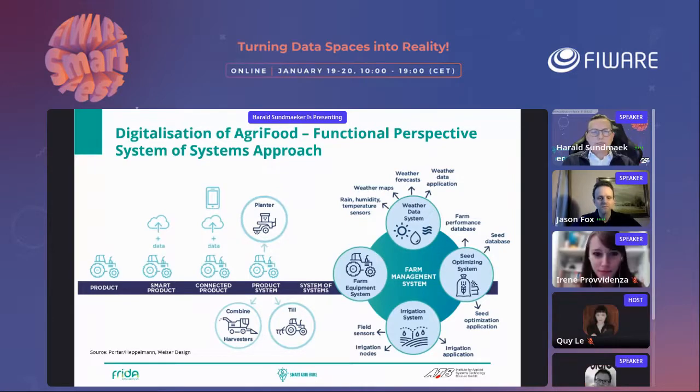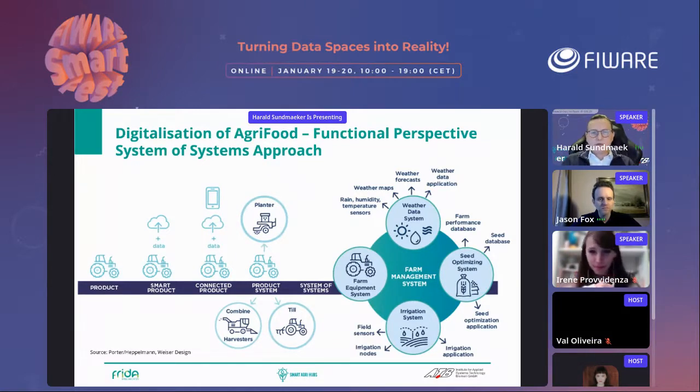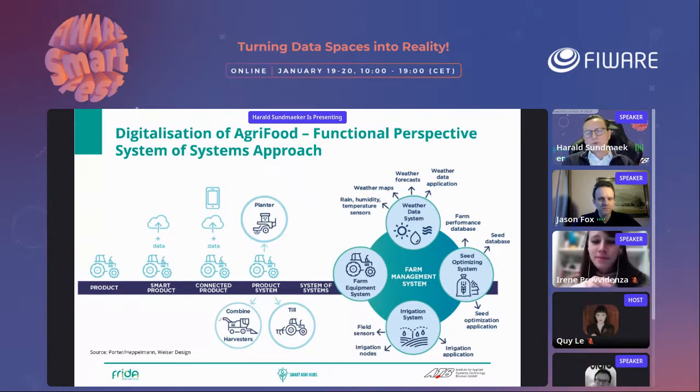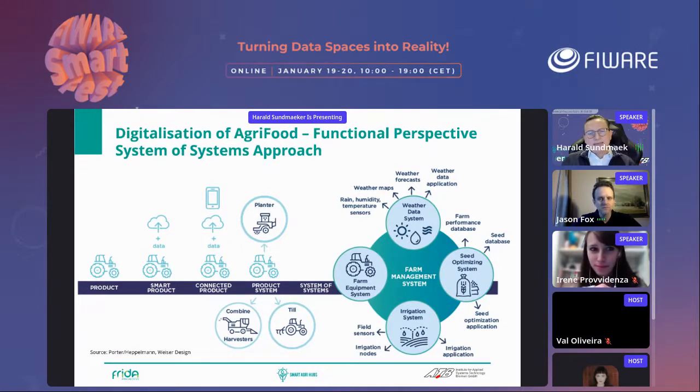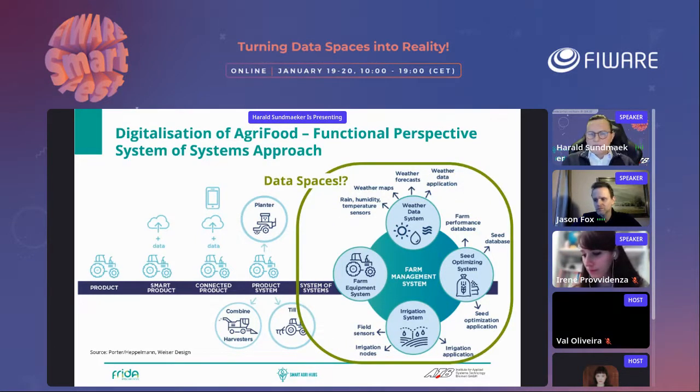Nowadays, when we look at the farm itself and at farm management information systems, which are a focus point for a farmer, we have quite different systems which every now and then exchange data for different purposes. We already have a huge amount of data used for smart farming, and I think we might say this is possibly the start of data spaces.